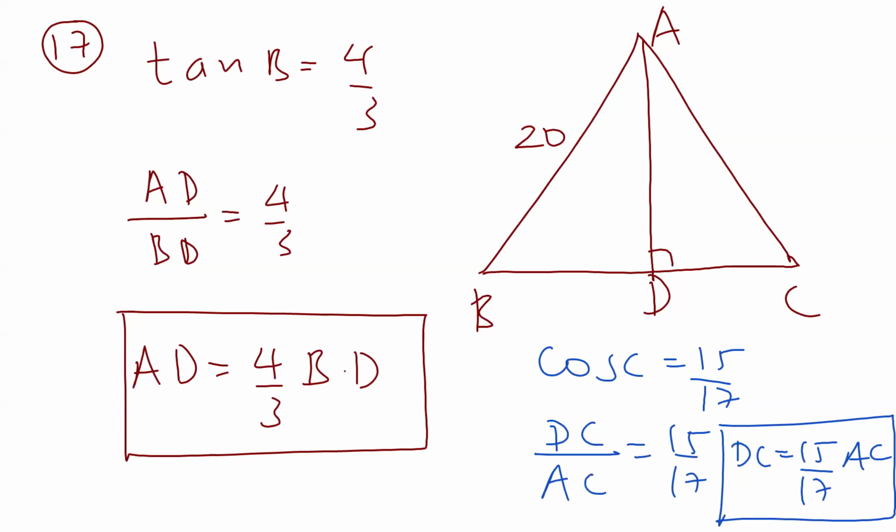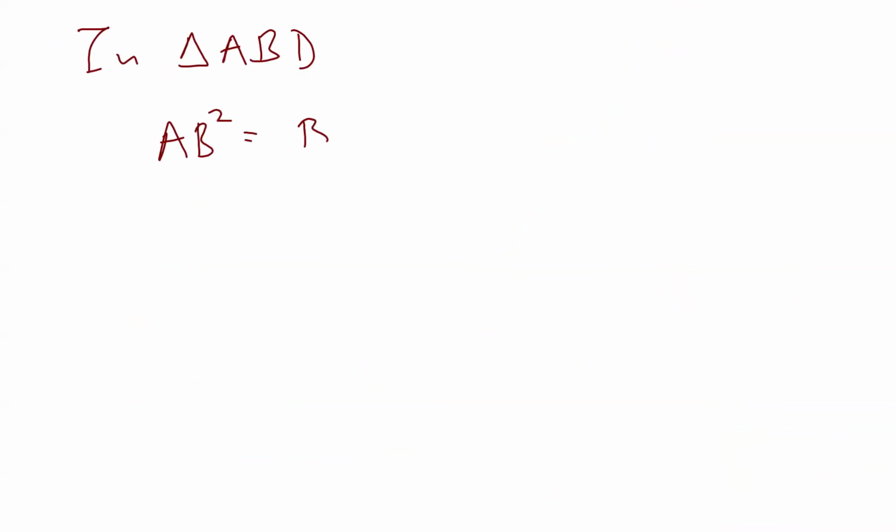AB square is 20 square. Do we know the BD value and AD value?